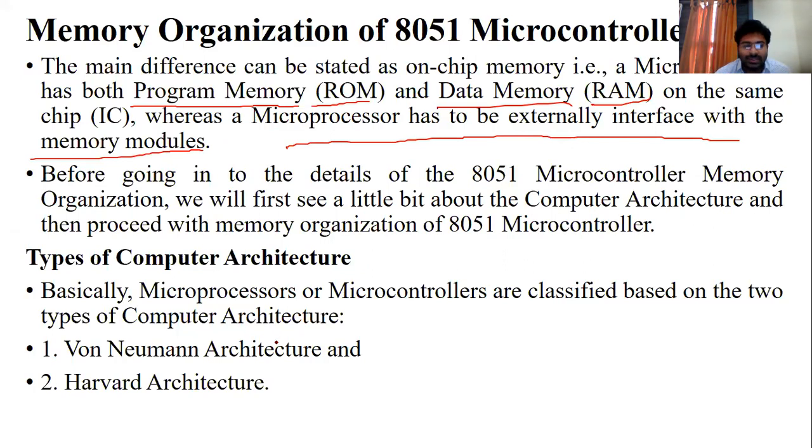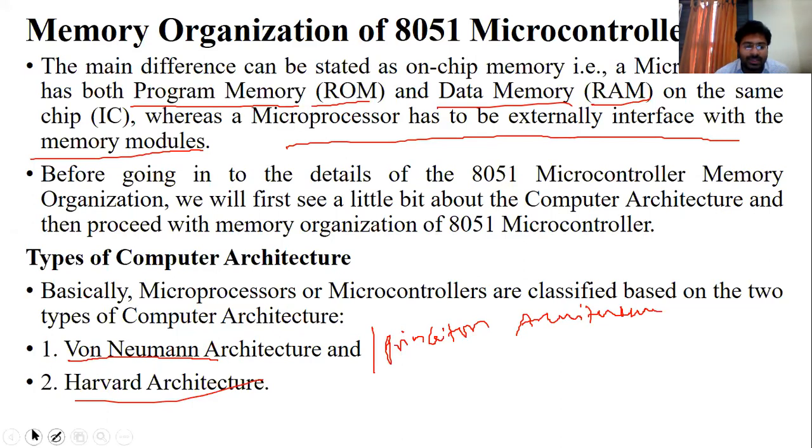Computer architecture can be designed in two ways. One is the Von Neumann architecture, the scientist's name, which you can also call the Princeton architecture, and the second one is the Harvard architecture.